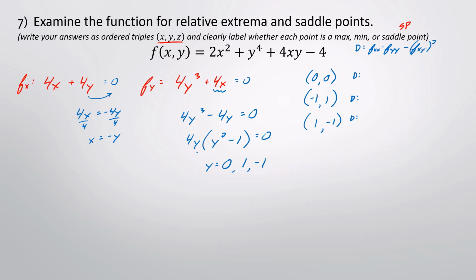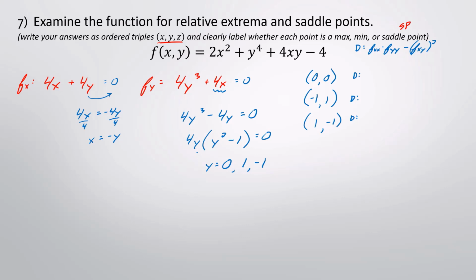And ultimately we're looking to see, does that d value come back positive, does it come back negative, or does it come back equal to 0? The only one that we really don't want to see necessarily is when it equals 0. That just is something where that test doesn't work. So I'm hoping that the d values will either be a positive number or a negative number. If it's positive, that means it will be either a max or a min. If it's negative, that's just going to be a saddle point.